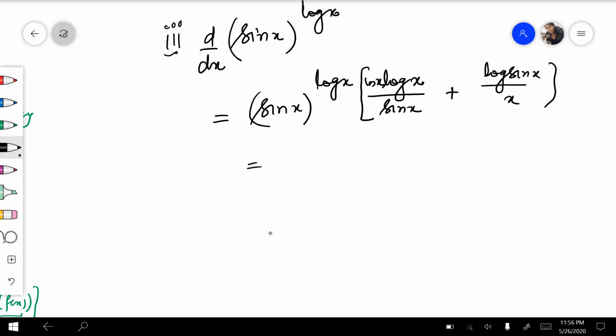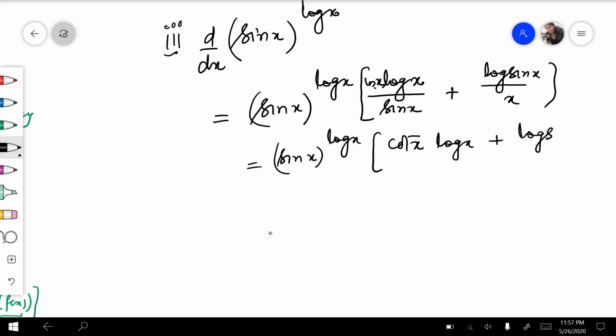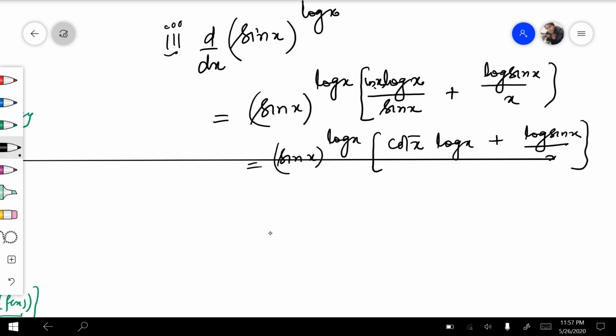So finally simplify होकर this is sin of x raised to power log of x into cos upon sin is cot of x into log of x plus log of sin of x upon x. चेक कर लीजिएगा सब्जेक्टिवली आपके पास ये आंसर बन रहा है या नहीं बन रहा. ठीक है, सो आई एम टेकिंग अनदर पार्ट.